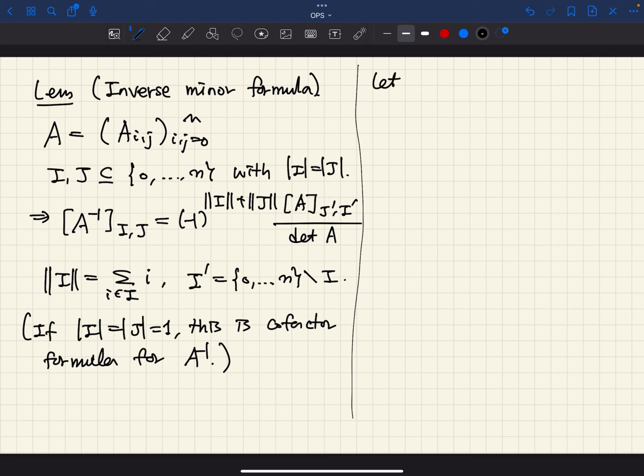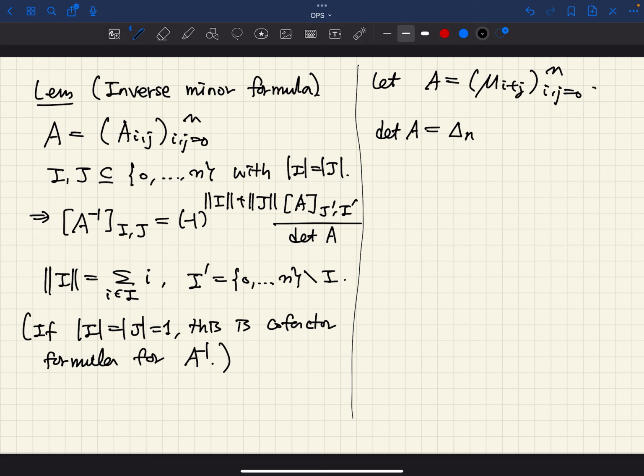Let's consider this situation: μ_{i+j}, i, j from 0 to n. And then what is the determinant of A? That's the Hankel determinant.